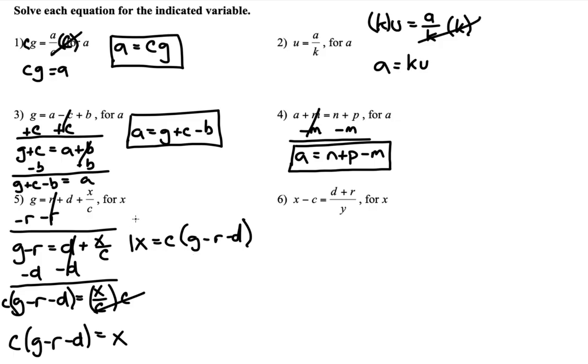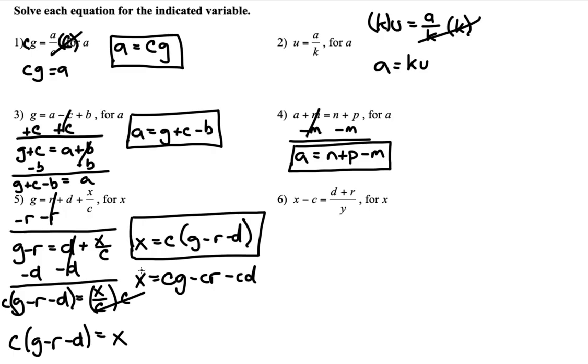That could be one answer, or depending on what you were doing, you may want to distribute that, and so call that x equals cg minus cr minus cd. Either of these answers would be appropriate, and again, if it's a multiple choice, it'll give you one of those two answers, and you could pick whichever one it is.